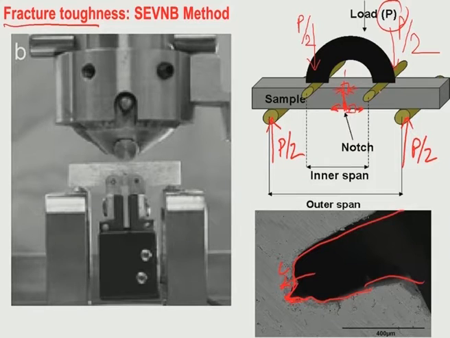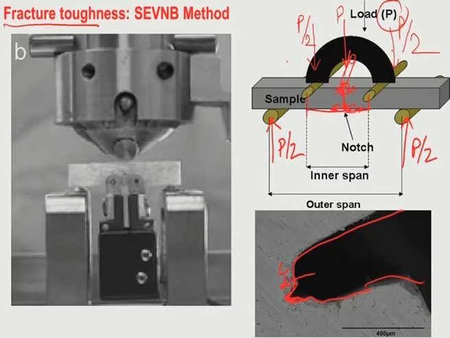Instead of this 4-point, you can also keep one single roller here and apply the entire load P here. This is called 3-point loading. You can use either 3-point or 4-point loading, but 4-point loading is by far more preferred because here this much region would be under uniform tensile stress.